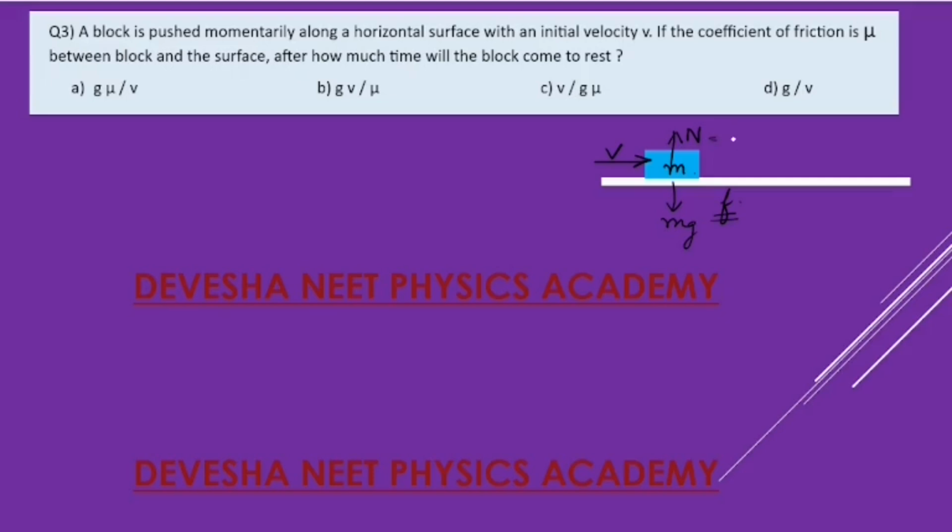So N is equal to mg, right? Then the frictional force is equal to mu m.